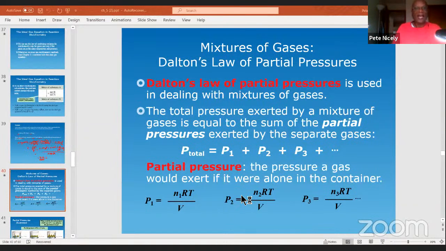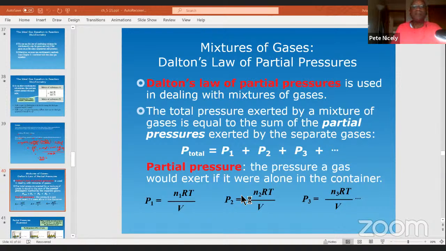As I said before, P1 is equal to n1RT over V. P2 is equal to n2RT over V. I'm sorry, V1 and V2 would be the same, so I don't need to make any distinction between them, all right?